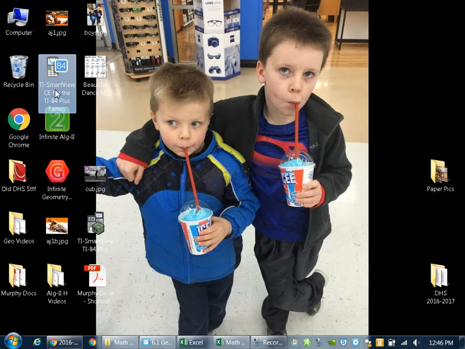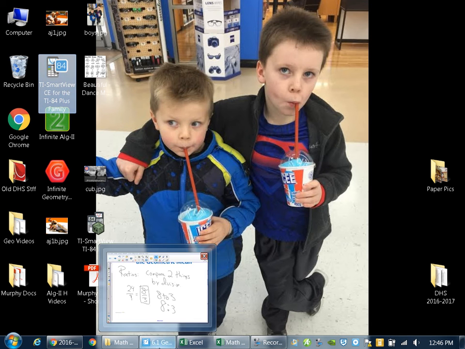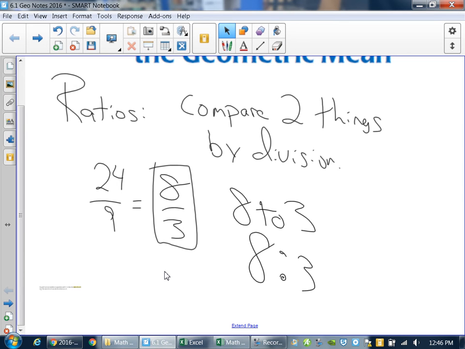Once it loads. Try this again. Oh, I hate how, oh well, whatever. It'll load up eventually. Basically, it's a matter of pressing the buttons in the calculator.